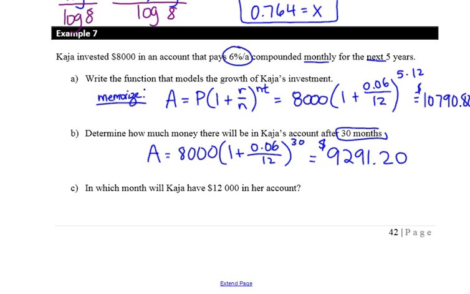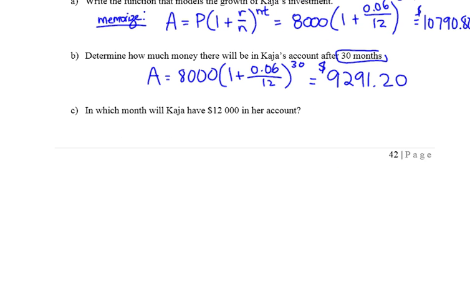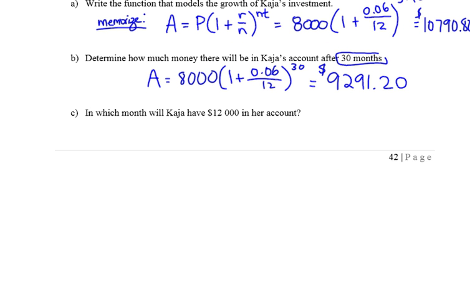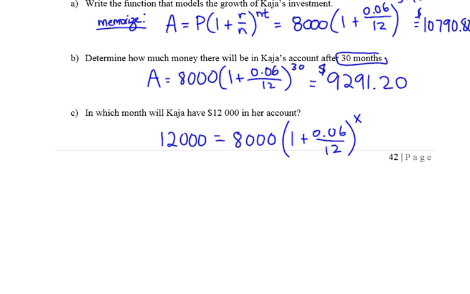In which month will Kaya have 12,000? So how do we set up the problem? What do we know this time? We know A, 12,000. Then you divide by 8,000. So 1 plus 0.06 over 12, and we'll just say to the power of x, because x is the number of compounds.